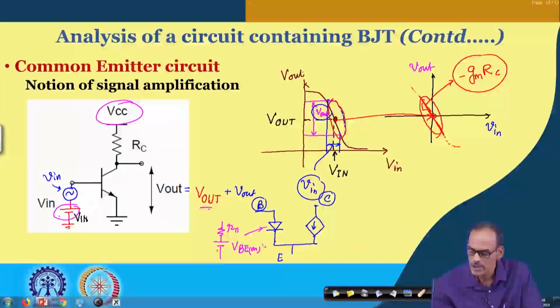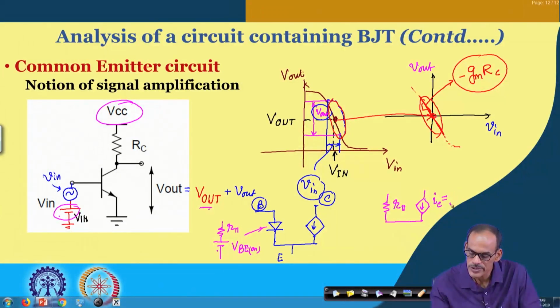So, the whole circuit now becomes simpler, like we do have R pi here. This part is getting dropped, and here we do have the remaining current controlled current source. Here now only the signal part we will consider. So, we use small i c, which is beta times i b, where i b is the small signal current flowing here.